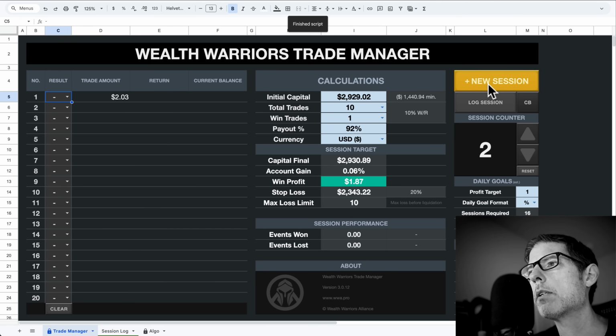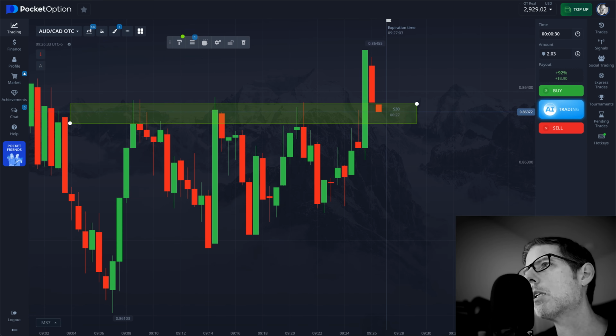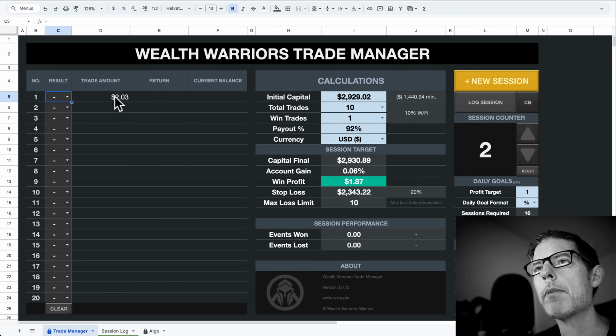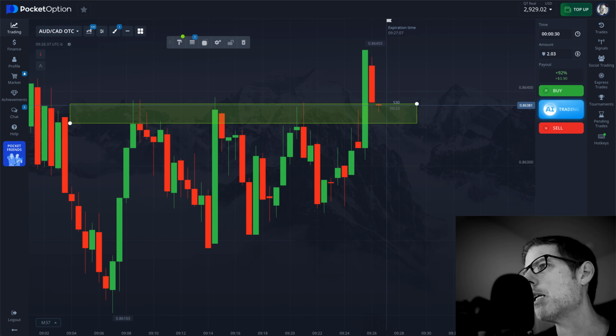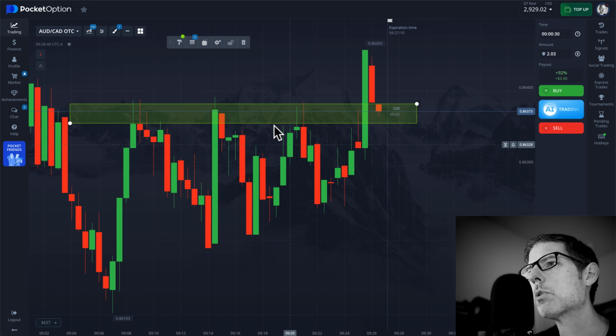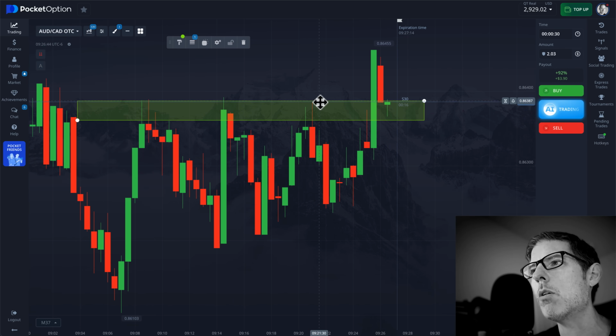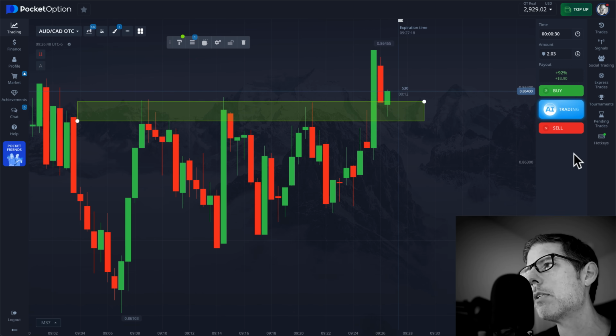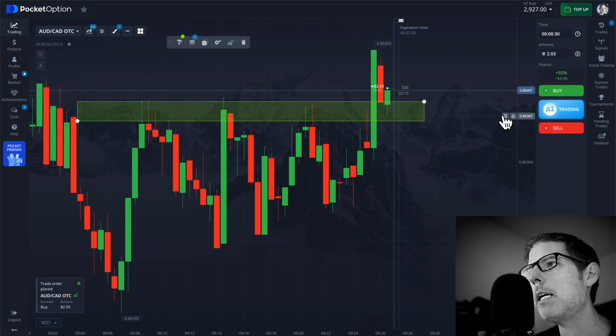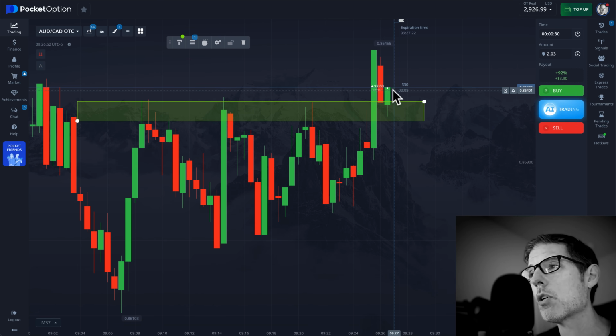Okay. So that's another one completed and looking pretty good. The trade amount for the next one still going to be 203. That's fine. And so we had a little bit of a breakout. What happens when we break out of these zones, right? Just like that. That's a little bit of a breakout. And so this could be considered a retest. Let's see if Pocket Option, and sure enough, it treats it like a retest.